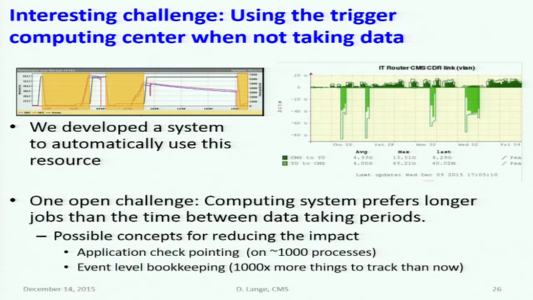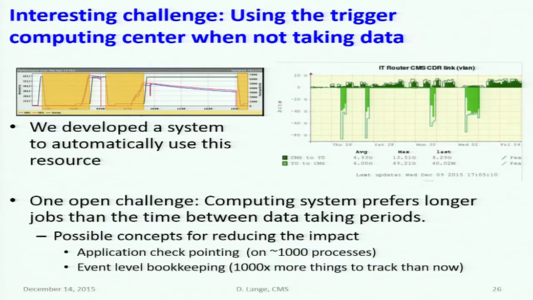And the graph on the left just shows the typical duty cycle our experiment sees, that the red and blue lines say we're taking data, and then the points where we're not, which are the yellowed out graphics on this screen, are where we have opportunities to use the facility for a computing system.